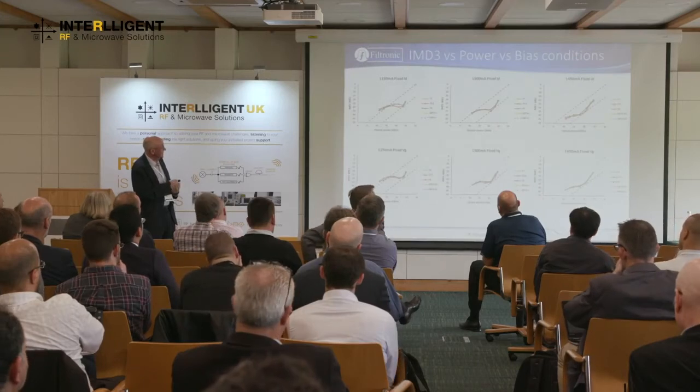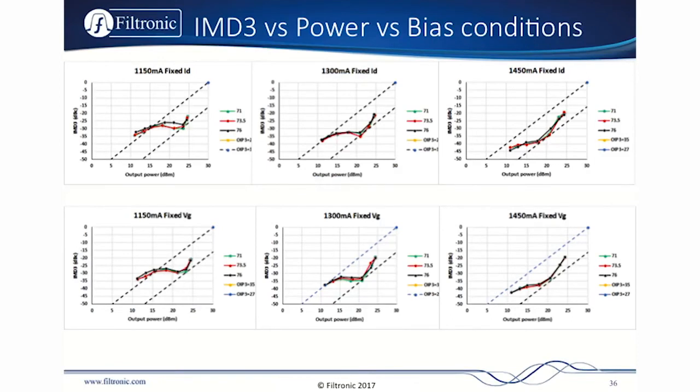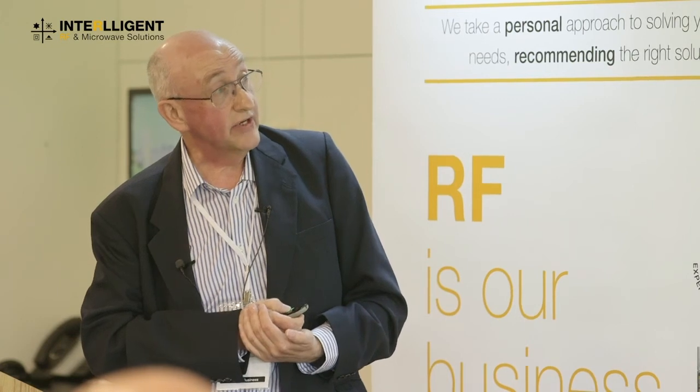And the other thing is they vary a lot with bias, depending on whether you fix the drain current or you fix the gate current. If you fix the gate current, then the drain current can increase quite dramatically as you drive it into the higher power levels. And again, you can have some very odd OIP3 characteristics. And then the effect of wire bonding.